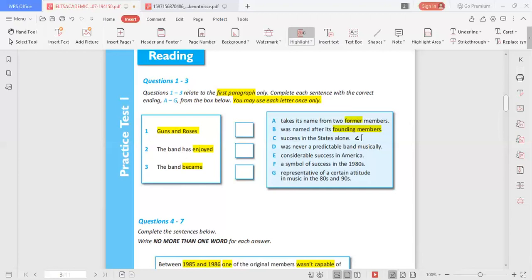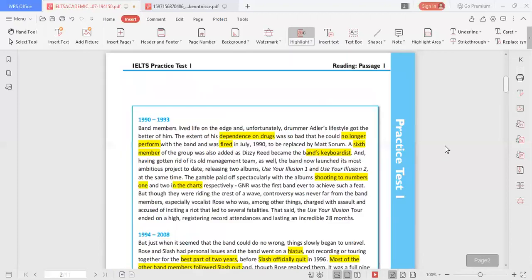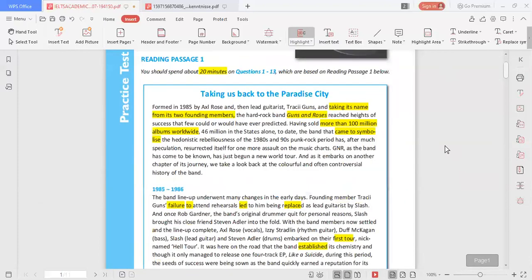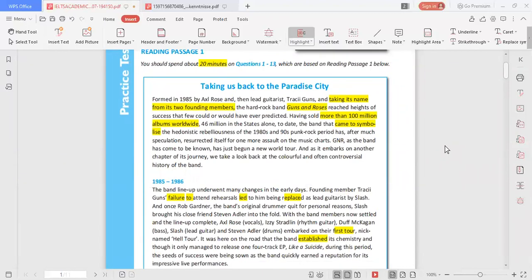So what can you enjoy? You can enjoy a reward. You can enjoy something that is good. So we go to the text and then try to find out what the band enjoys, okay? At the beginning of the questions, you always move on. You never come back. So we used this sentence from here to here to answer question 1.